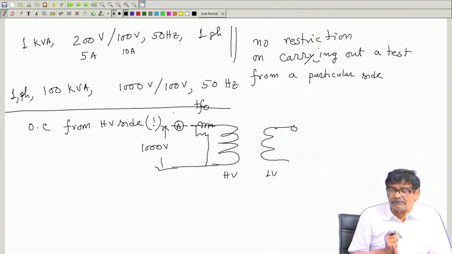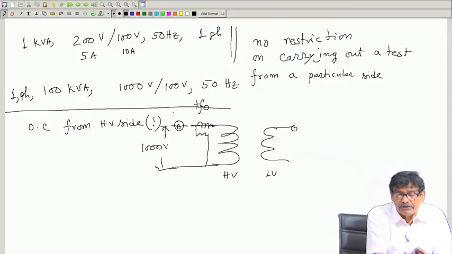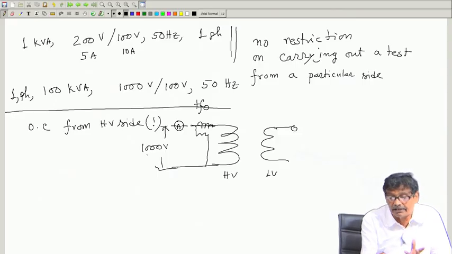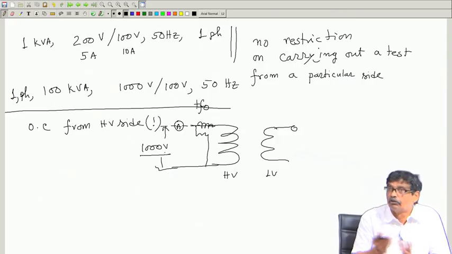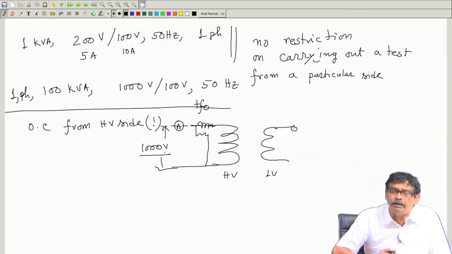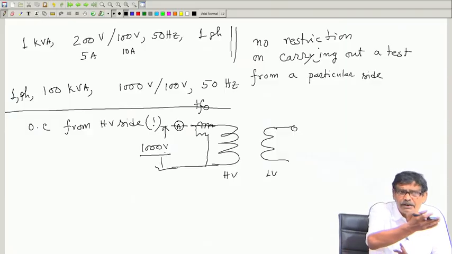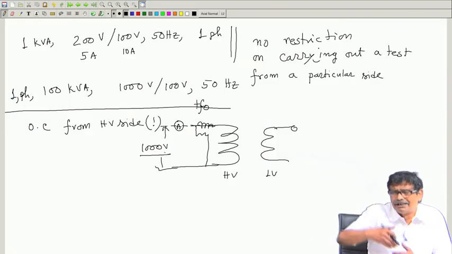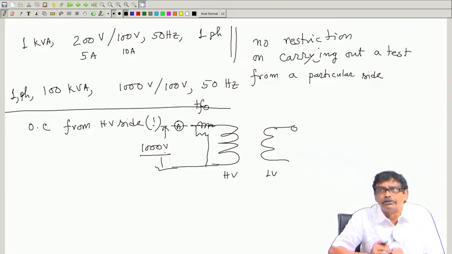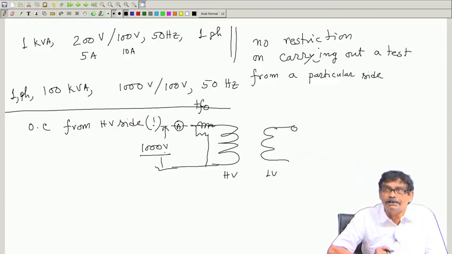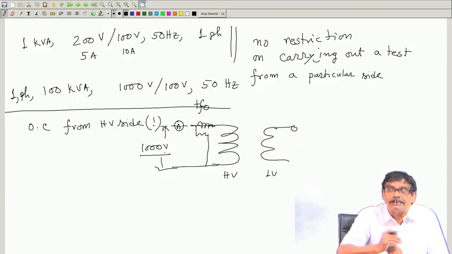First thing, to carry out the open circuit test from the HV side in the laboratory, you require 1000 volt. 1000 volt is not easily available, although perhaps 200 volt is available, connect another transformer, get 1000 volt, that is also not a big issue. But the point is, whoever will be doing this experiment, his safety will be in question.